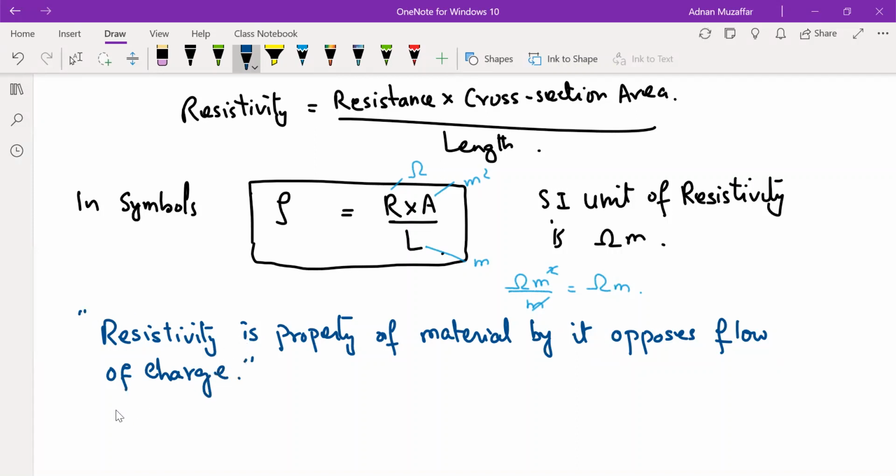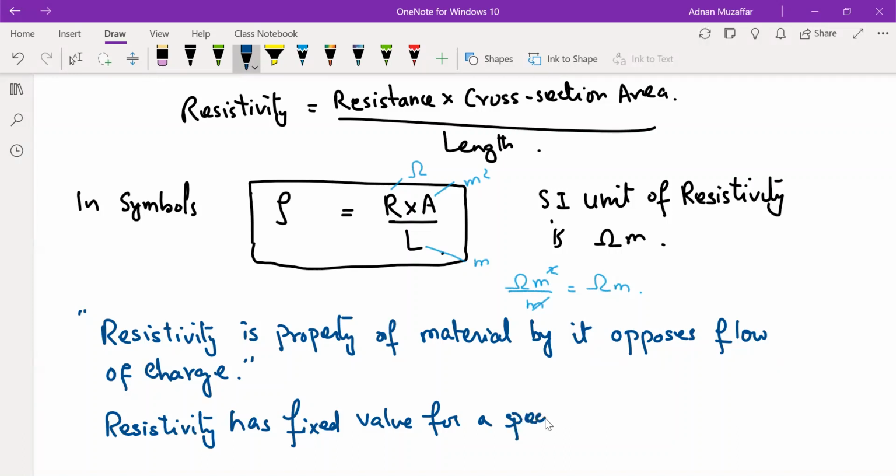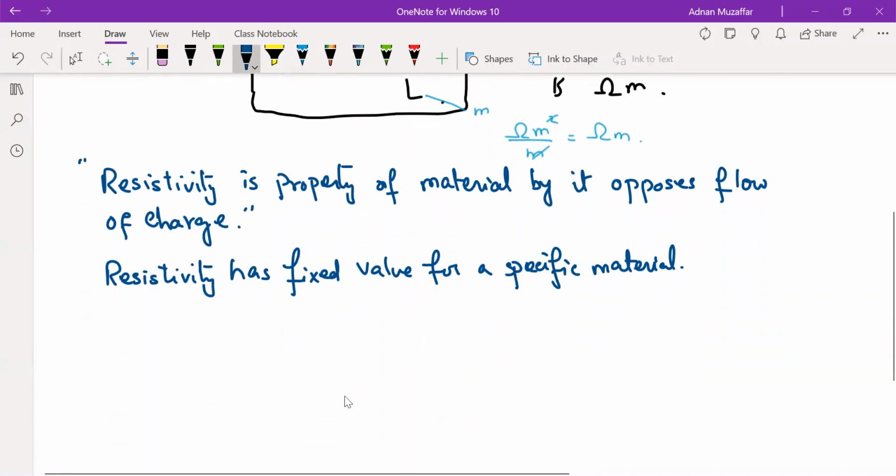And one more thing, you should know that resistivity has a fixed value for a specific material. What is the meaning of this? For example, if you're talking about copper, it has a fixed value.